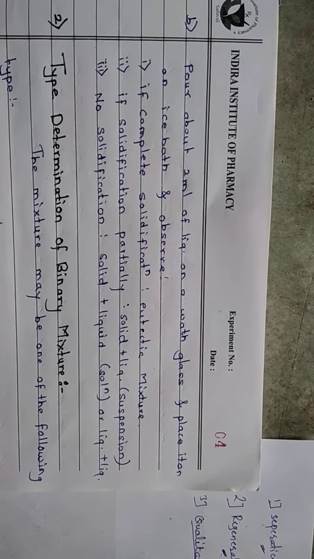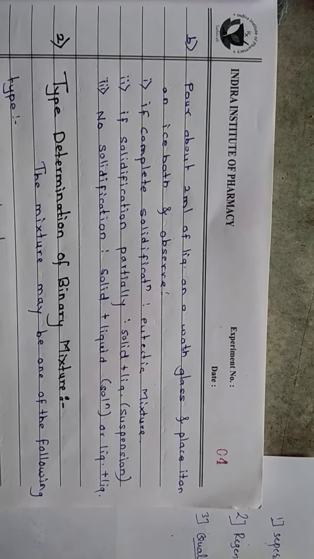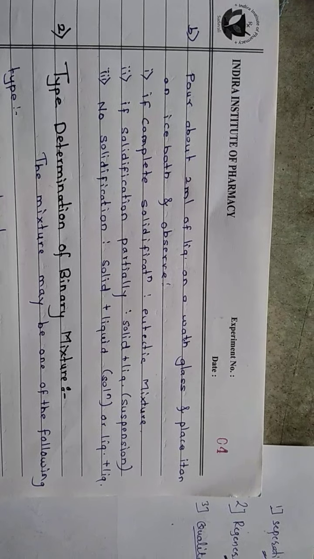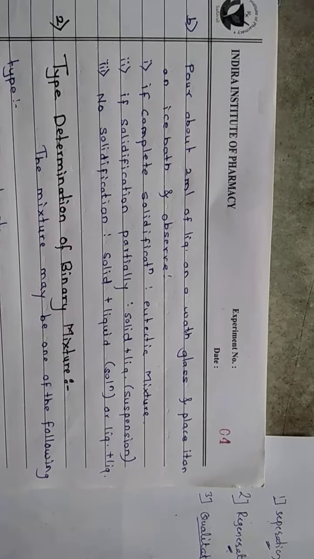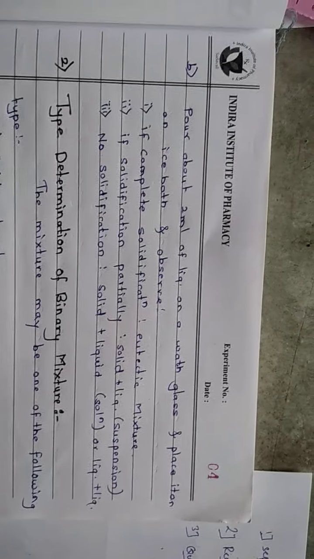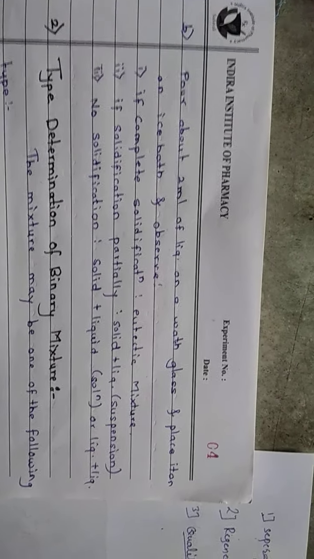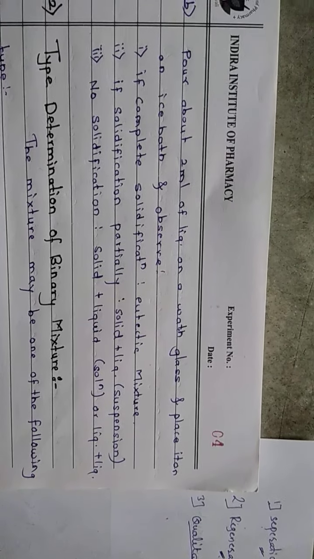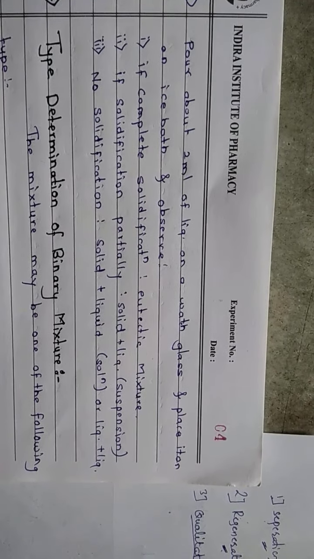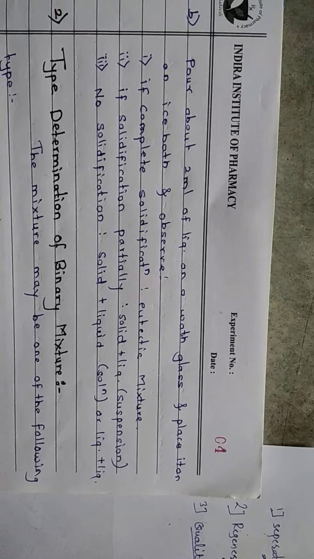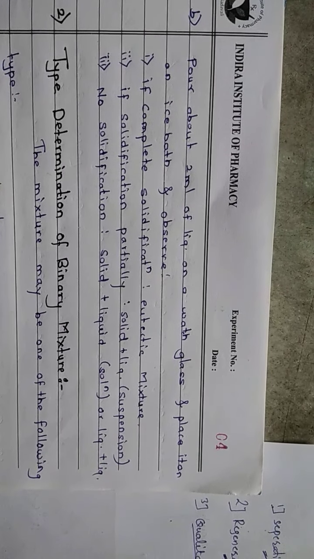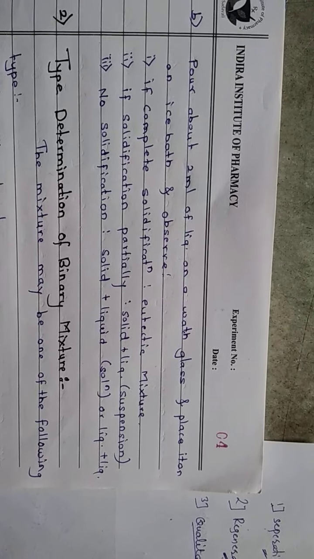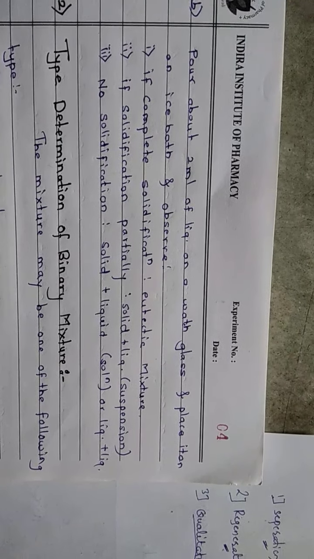As we have said, a eutectic mixture can liquefy at room temperature, but at the temperature of ice it can be in solid form. So if complete solidification takes place, we can say it is a eutectic mixture. That means one compound is eutectic and the other one is a solid, because ice has a lower temperature than room temperature, so at the low temperature it regains its solid form.